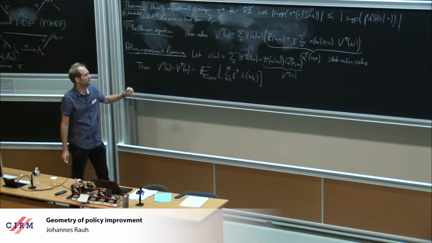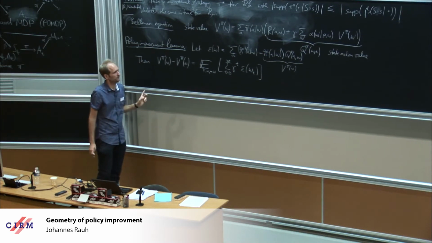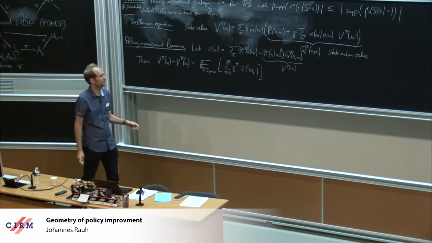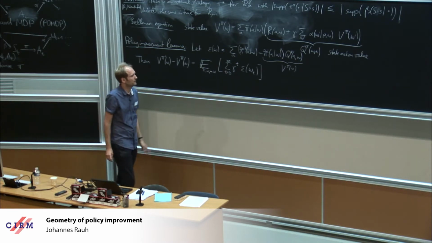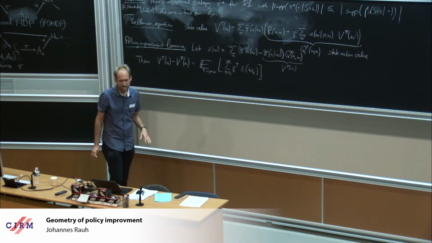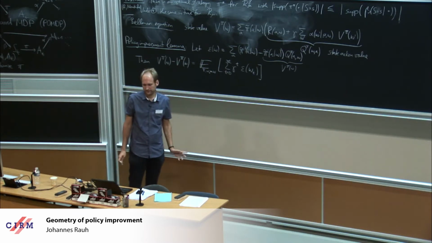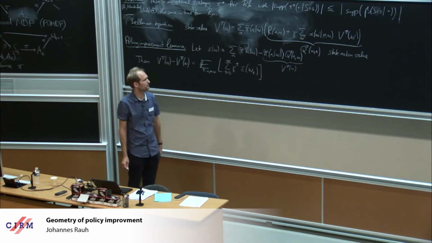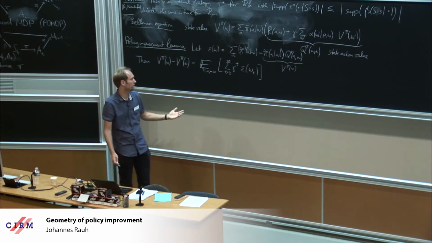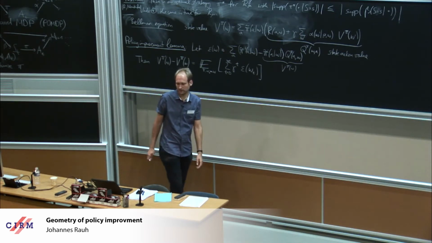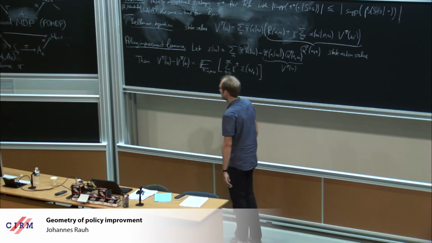Okay, that's a bit technical, so it's not so important to analyze it at all points. But the relevant question is, how can you use it to improve your policy?